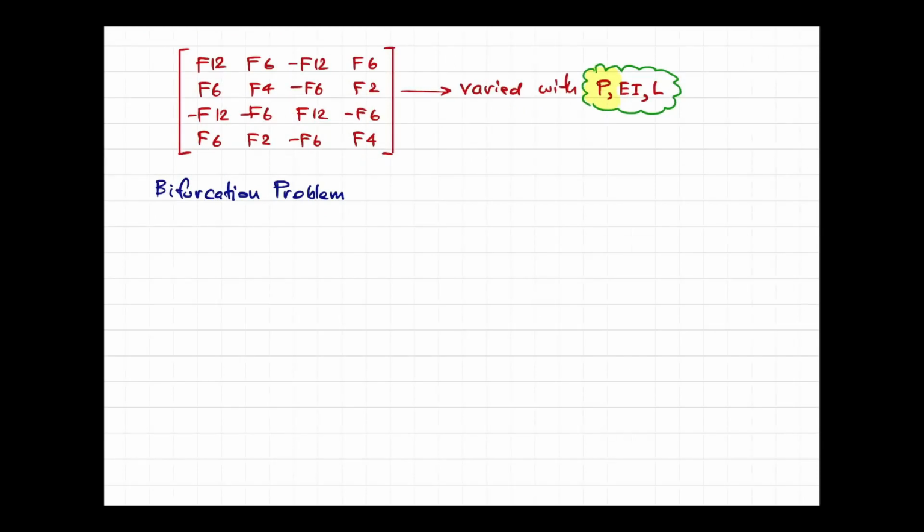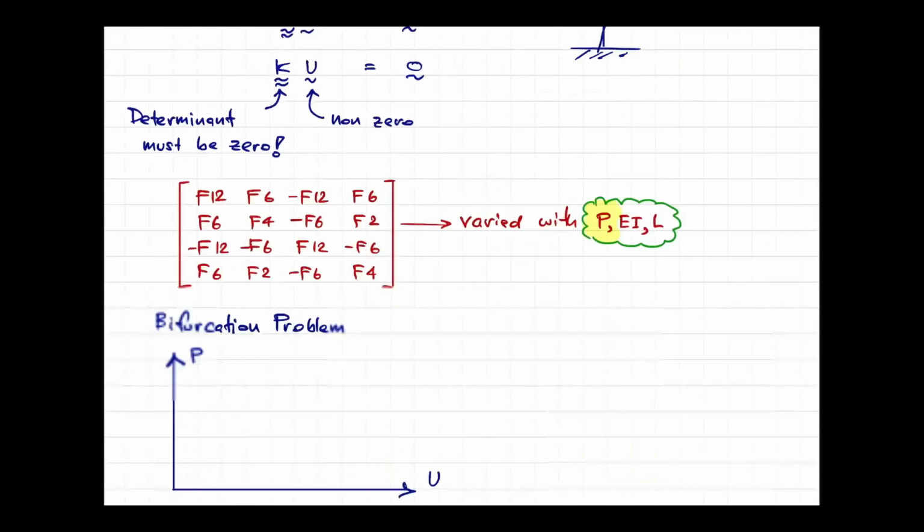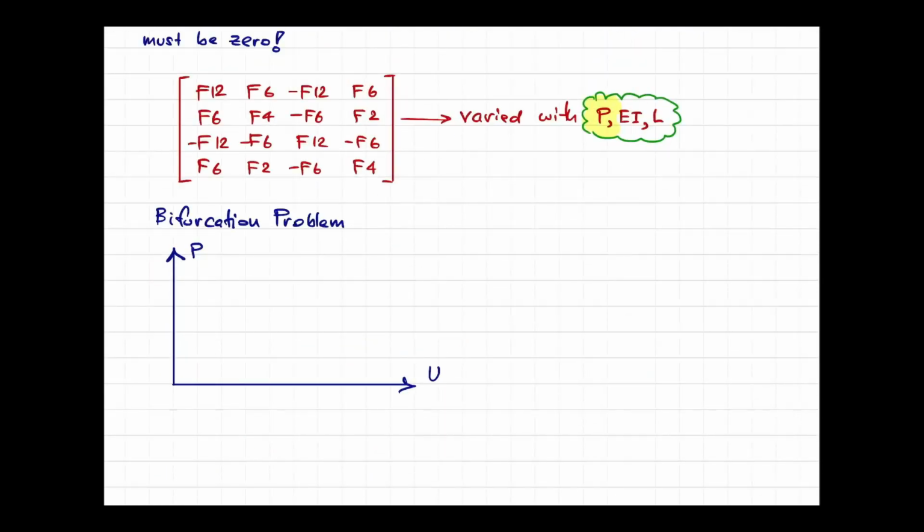The bifurcation problem is like this. You have the displacement, you could have the load P. So you think about the cantilever column raised on the fixed support like this. You apply the load, and if U is the lateral displacement, axial load and lateral displacement, they don't relate, right?